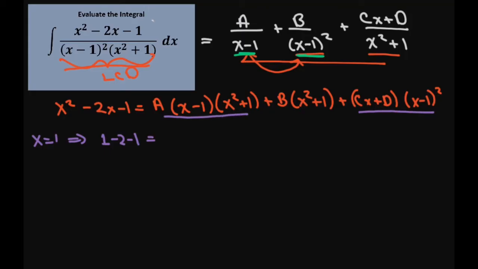So you're going to get 2B. So basically the 1's cancel here, and you get 2B equals negative 2. So that gives you B equals negative 1. Divide both sides by 2, you get negative 1.